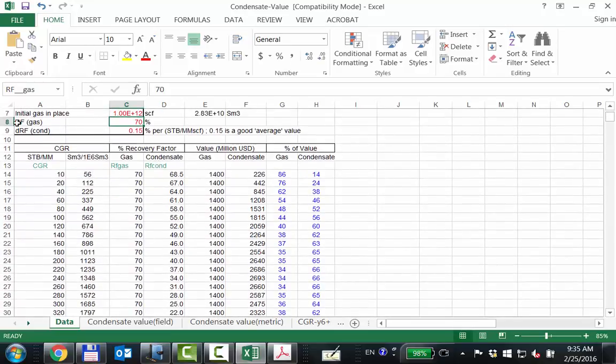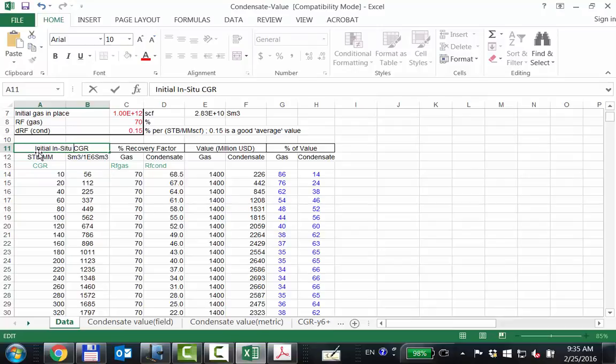And you don't need to know what this means here, but you can kind of see that in this table down here. This is kind of the initial in situ oil-gas ratio.